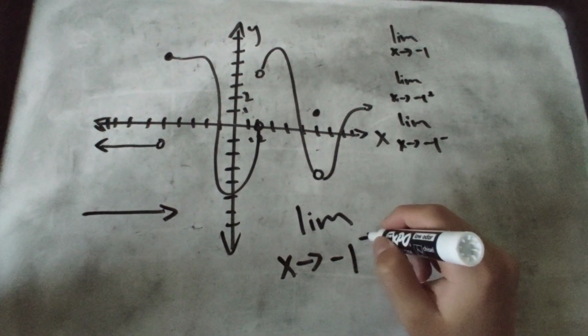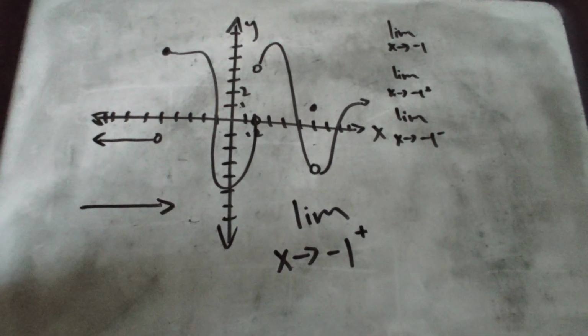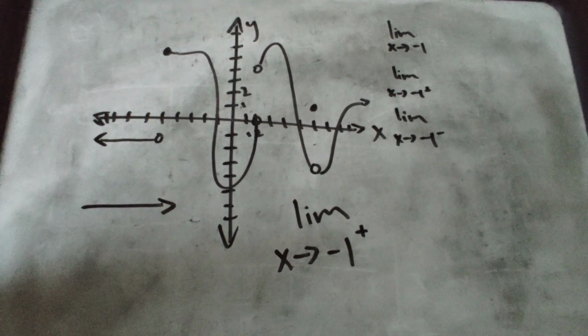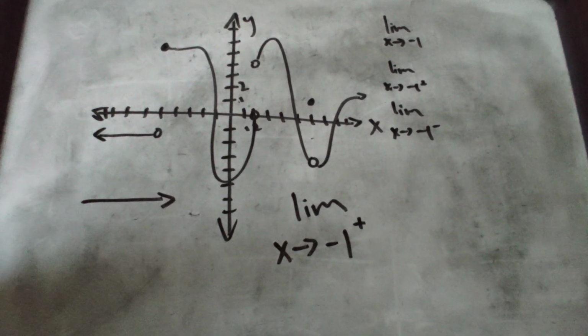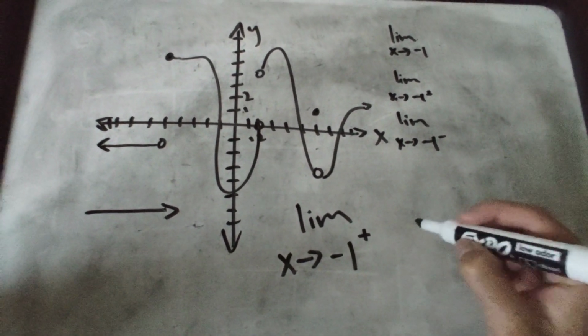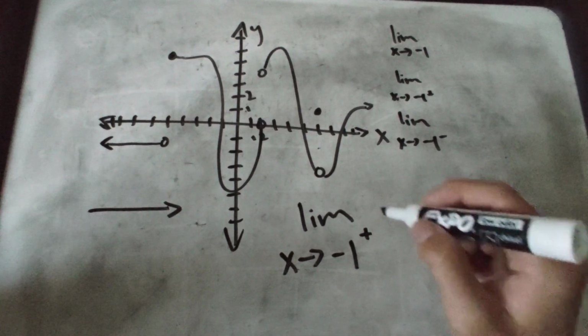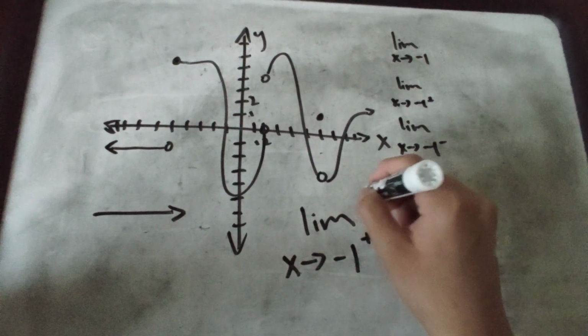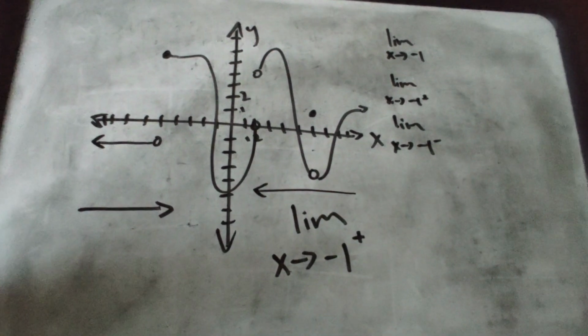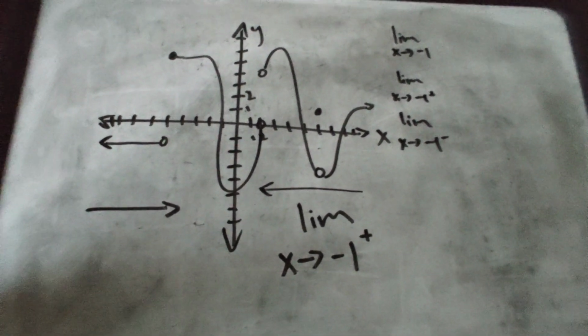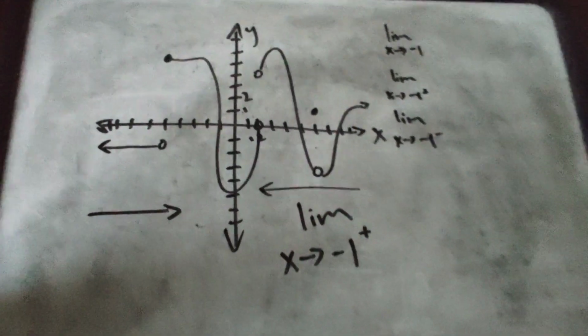And if x is approaching -1 plus, then that is reaching -1 from the positive side, which is to the right. So that's just a brief heads up of what that notation means.